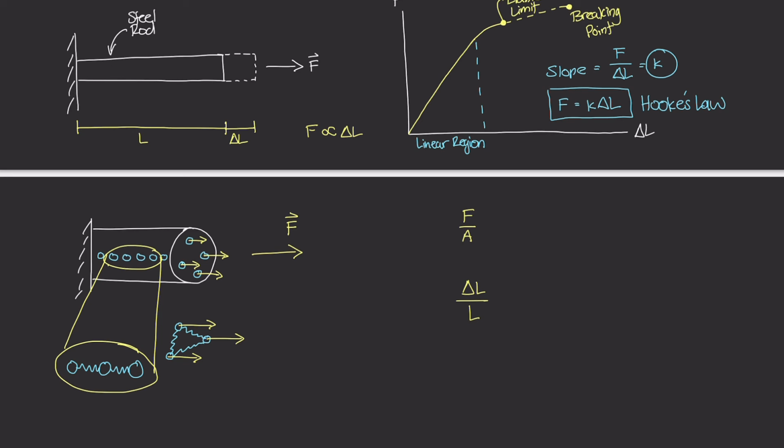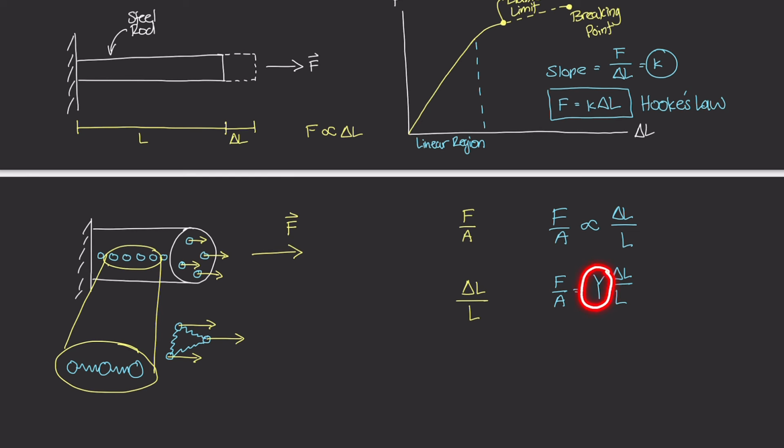And because the force that's pulling on this material or the bond is directly proportional to the amount that the bond stretches, we know that F over A is going to be directly proportional to delta L over L. And we can write this relationship as F over A is equal to this thing called Y, which is Young's modulus, times delta L over L. So just like force was directly proportional to delta L by some proportionality constant that we called K, this value of F over A is directly proportional to this value of delta L over L by this proportionality constant called Y, which is Young's modulus.